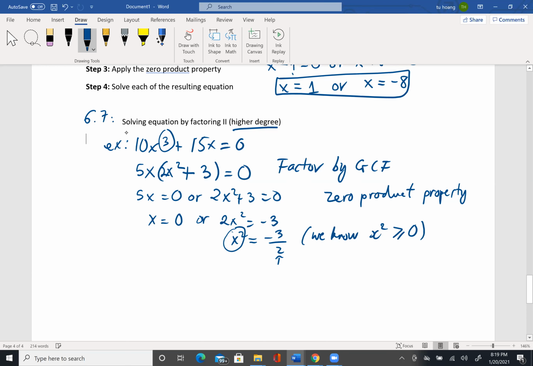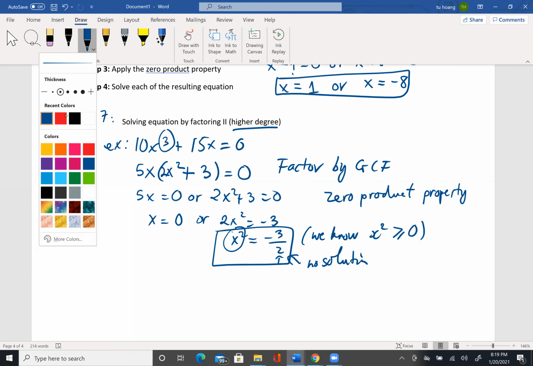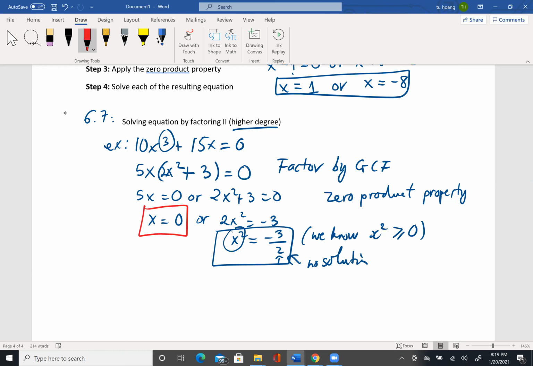So this means there is no solution. Okay, so the answer should be only x equals 0 for this equation.